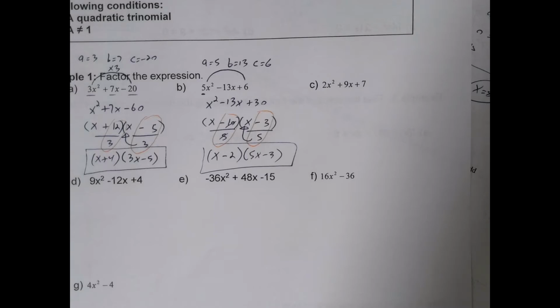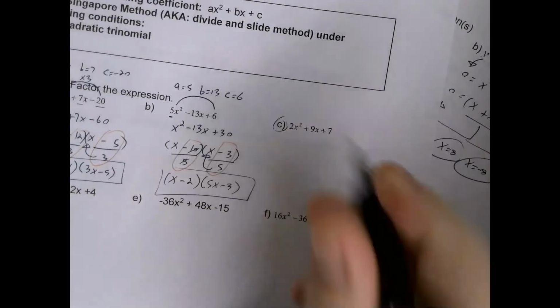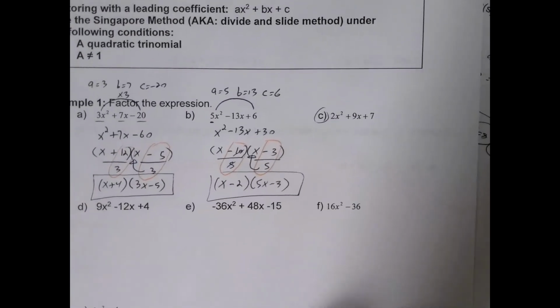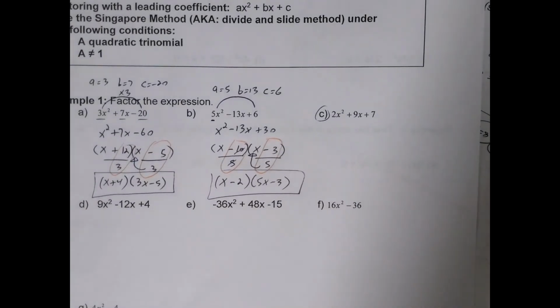Okay? Alright, on your own. Here we go. Try letter C, please. Try that one real quick. Show me that you can do the divide and slide method. Okay? Kind of a cool method, guys. It works.